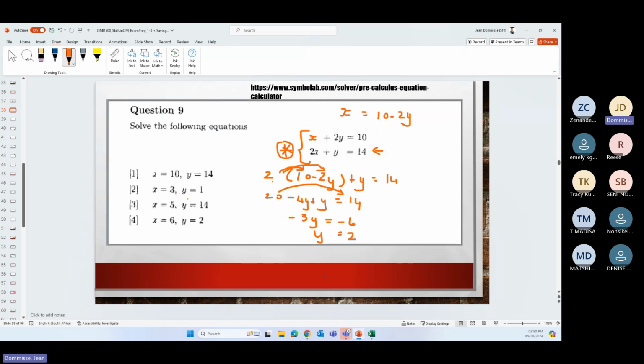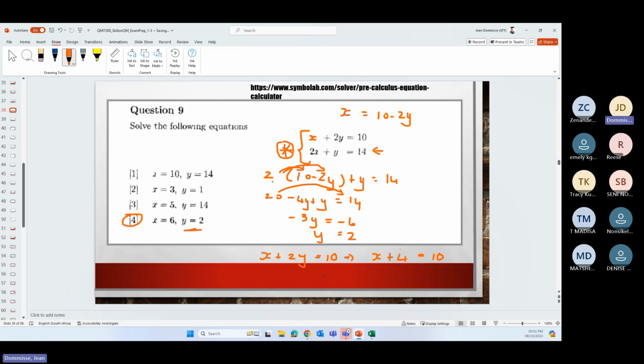So if I look at these options, that will automatically then default to option 4. But let's just put y equal to 2 back in here. So we've got x plus 2y is equal to 10. If we substitute y with 2, we get x plus 4 is equal to 10.